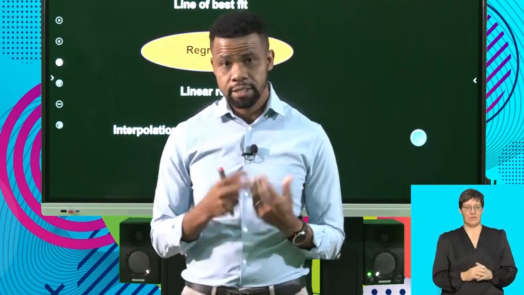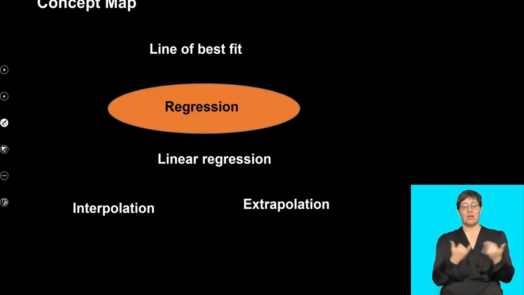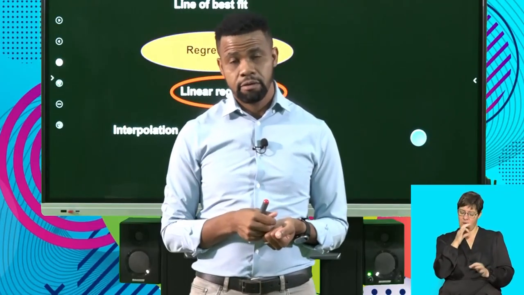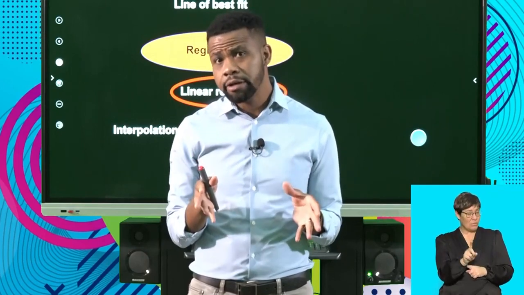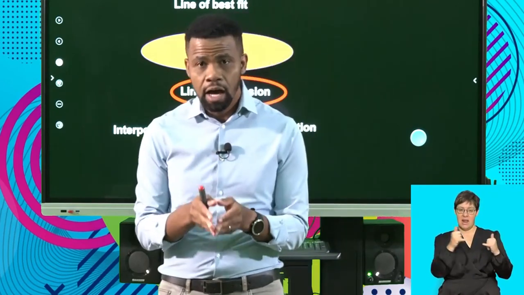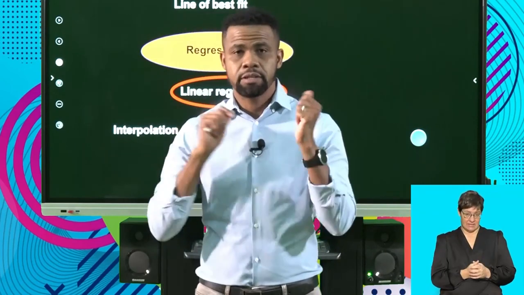Okay, fantastic. Welcome back. So now what are we going to look at? We're going to look at linear regression. We have defined what a linear regression is. We said linear regression is the equation of the line of best fit.